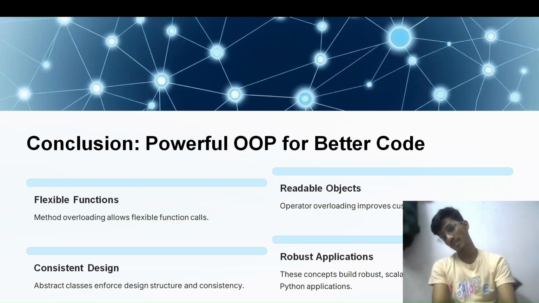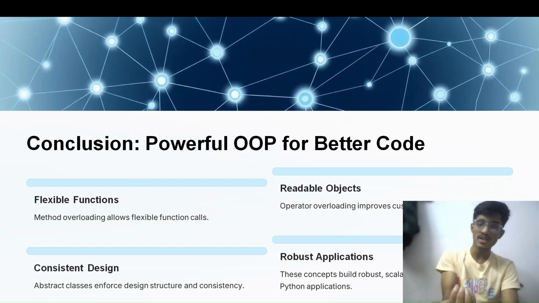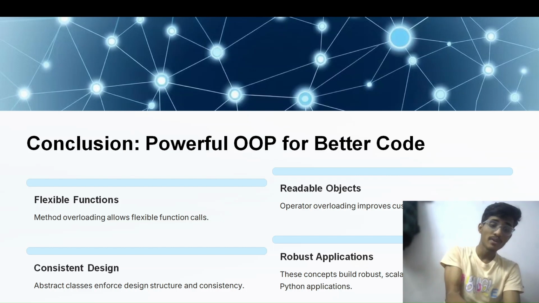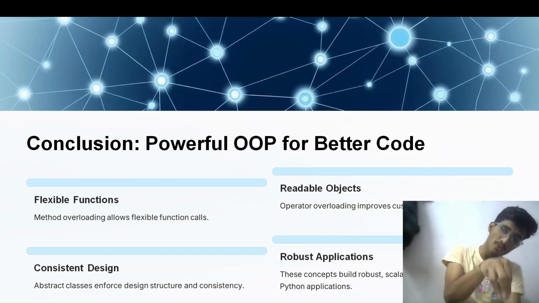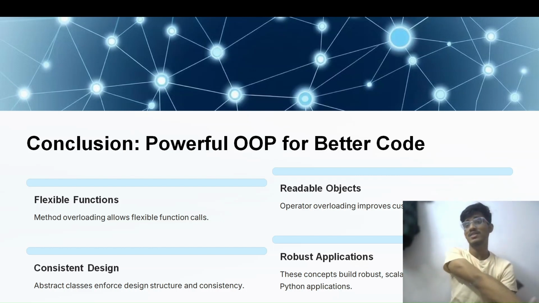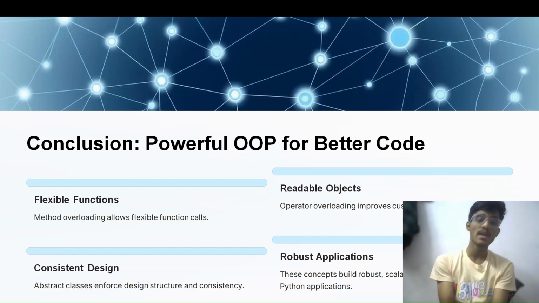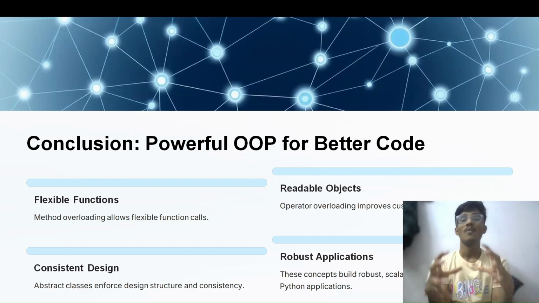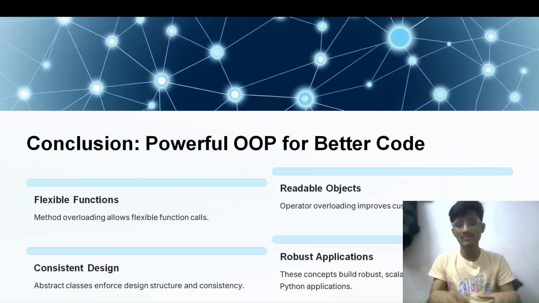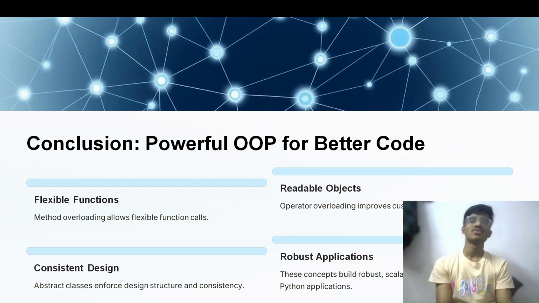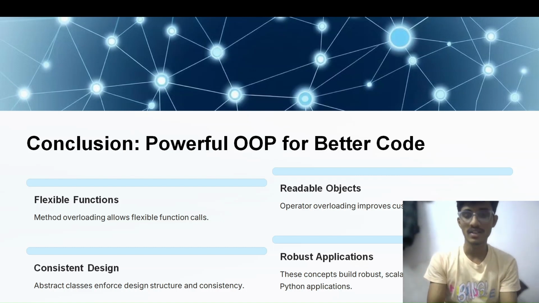And abstract classes enforce design and structure for consistency. These concepts build robust, scalable, and maintainable Python applications. While doing it, you will come to write more maintainable Python applications. So this is what I wanted to tell in this video.